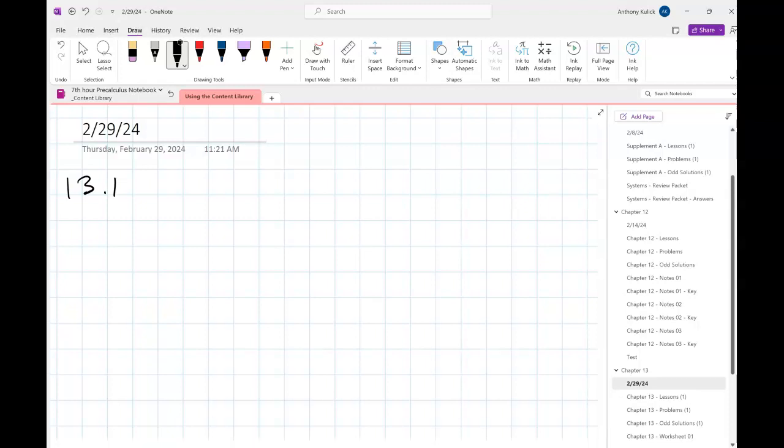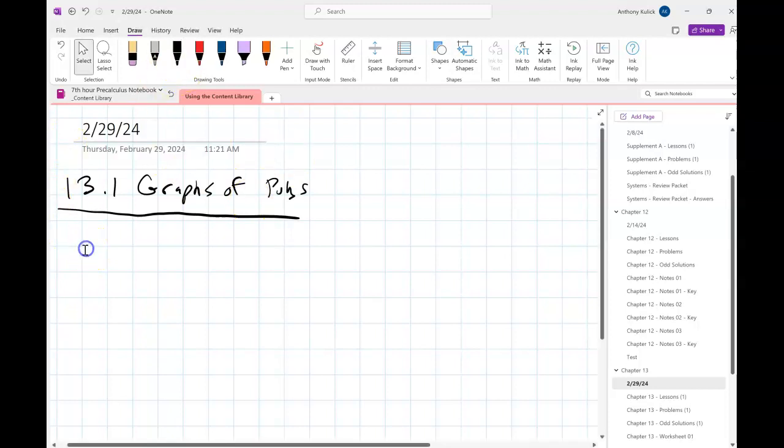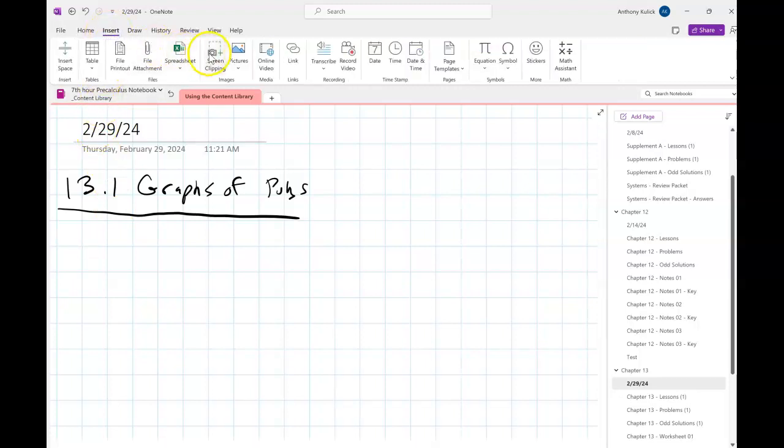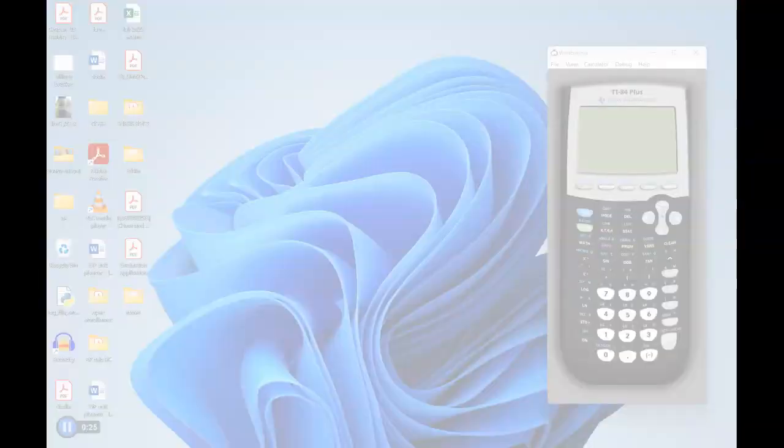So more about polynomials here in chapter 13. We're going to start by talking about a couple of key features about the graphs of polynomials.